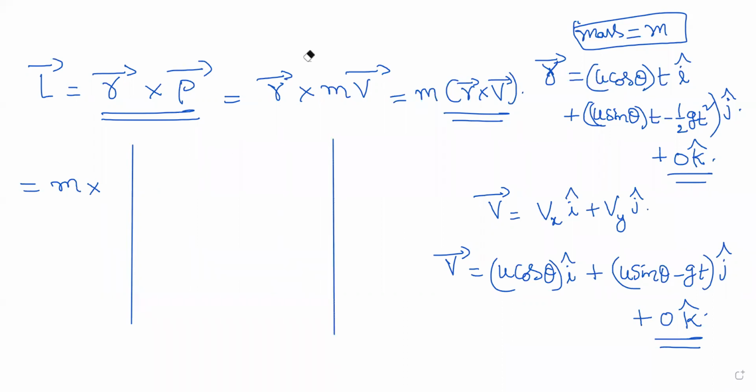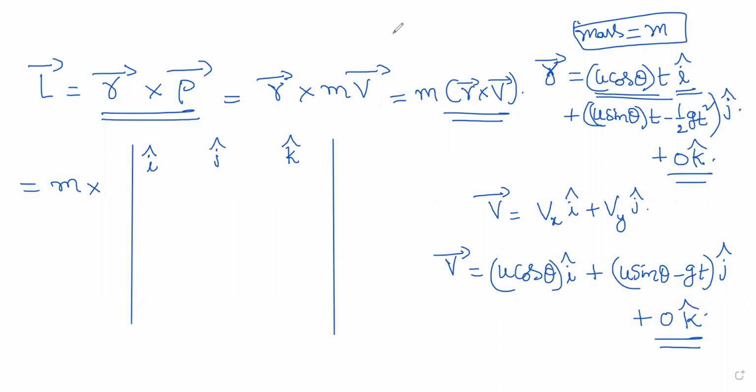Now to do this, we write like this: i cap, j cap, k cap. There is another method called the circle method, which you can also see in the vectors video. I am comfortable with this one, so I follow this. What is the coefficient of the x direction? The coefficient of i cap happens to be u cos theta times t. So that we will plug in.